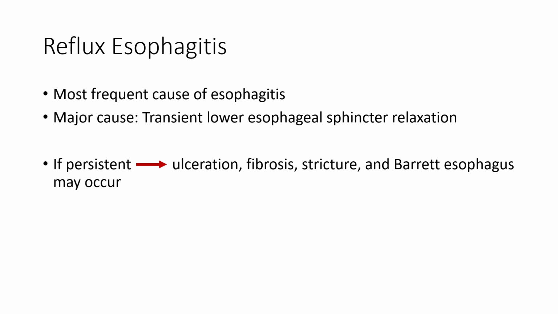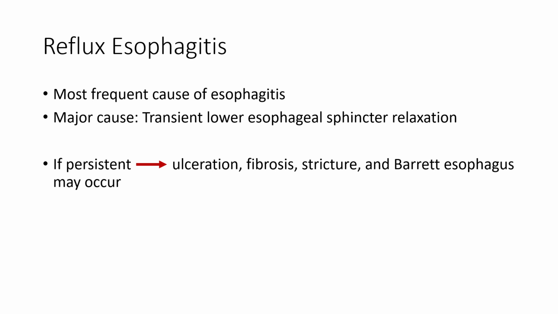Even though the esophageal squamous epithelium is resistant to the abrasive injury from food, it is, however, sensitive to acid. So when there is reflux of the gastric contents, which are acidic, into the esophagus, this will cause esophagitis.